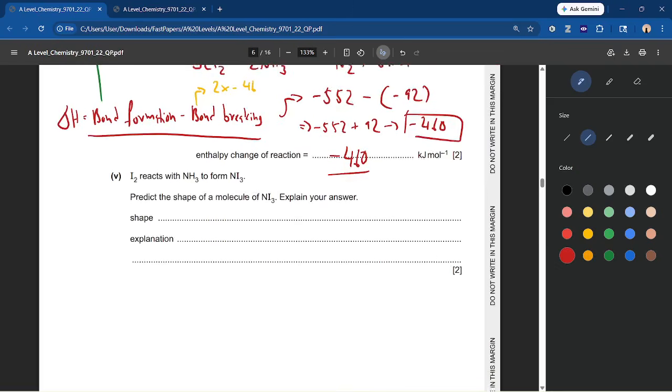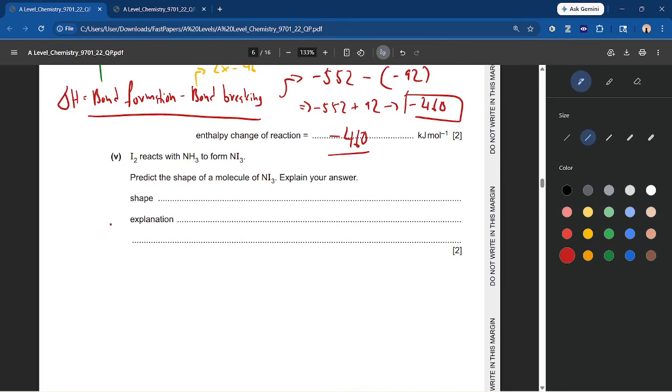Iodine reacts with ammonia to form NI3. Predict the shape of a molecule of NI3. Explain your answer.